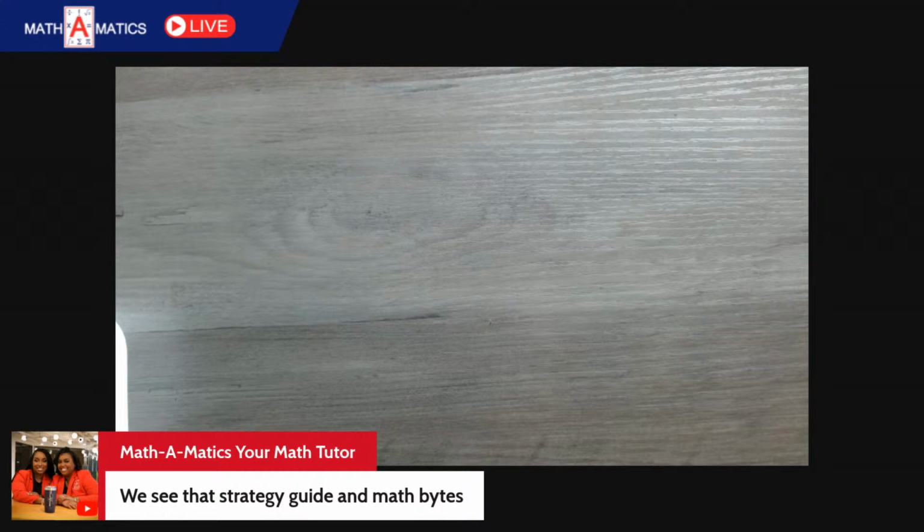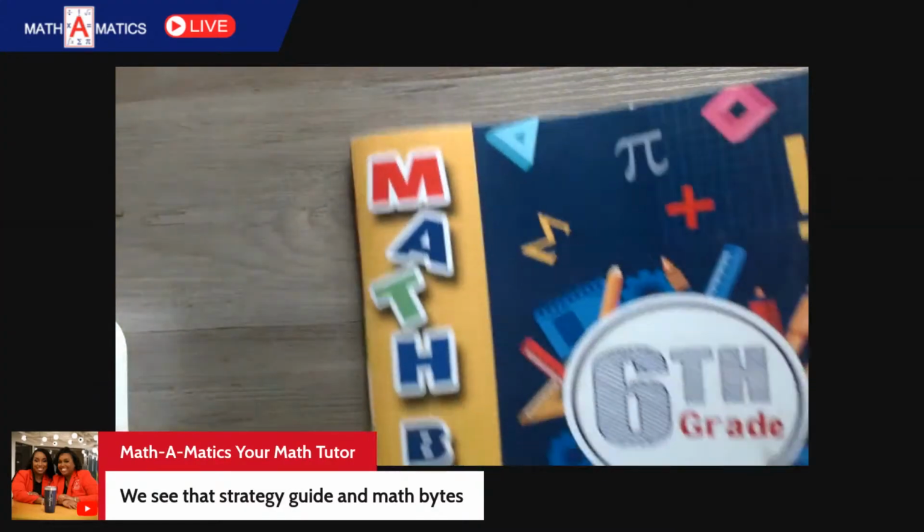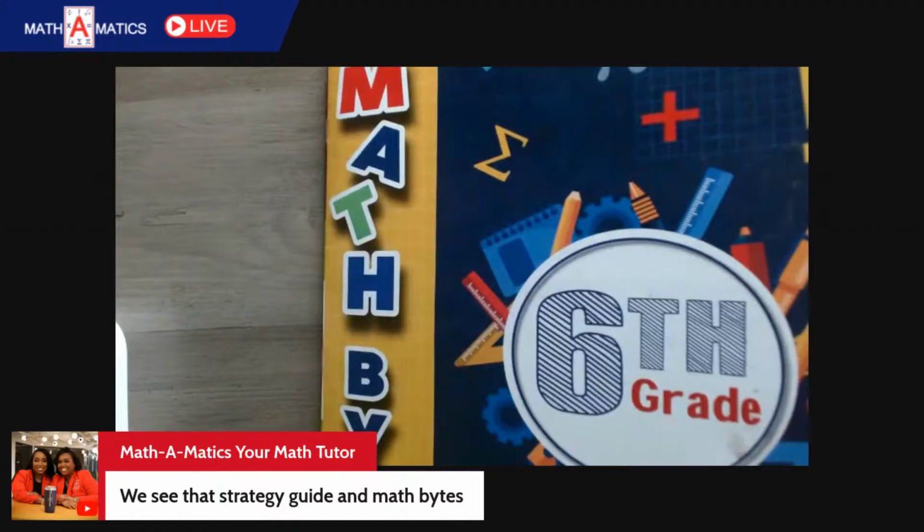Let me see. Let's see that strategy guide and math. Oh, you are speaking my language right now. So I was actually going to work a problem from our math bites next for 6th grade.